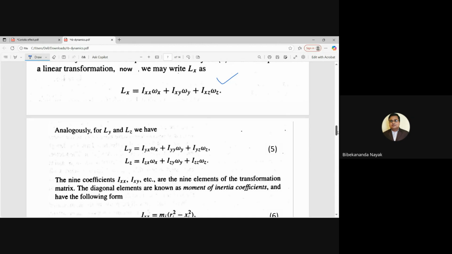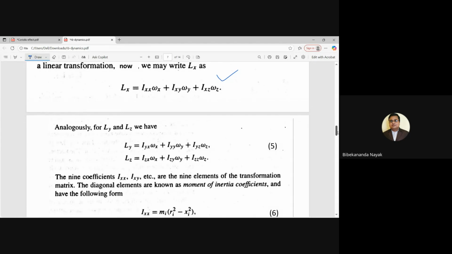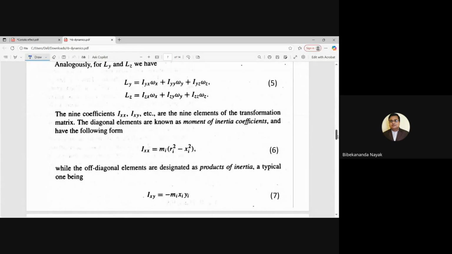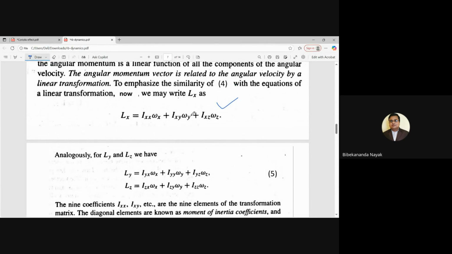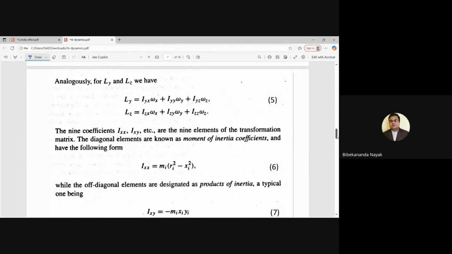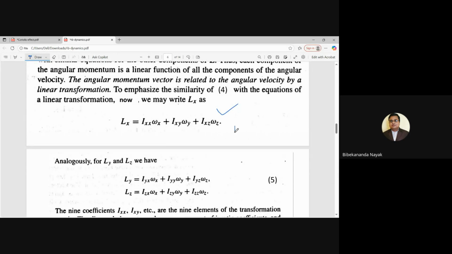So L has Lx i cap plus Ly j cap plus Lz k cap. Written component-wise, it is a matrix multiplication: the matrix Ixx, Ixy, Ixz, Iyx, Iyy, Iyz, Izx, Izy, Izz multiplying omega x, omega y, omega z. So L is equal to I omega, where I is a 3 by 3 matrix.